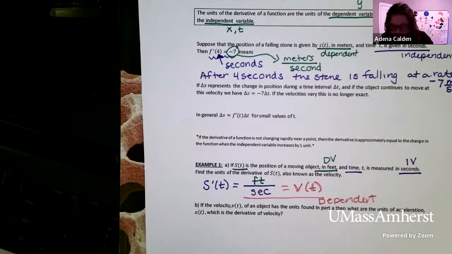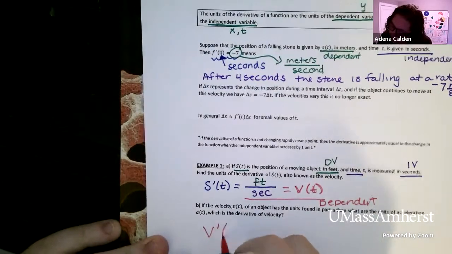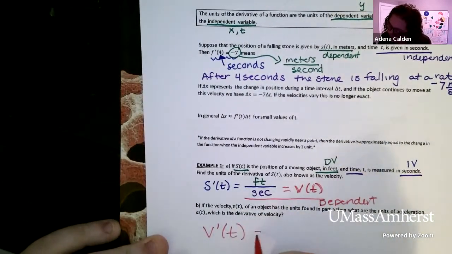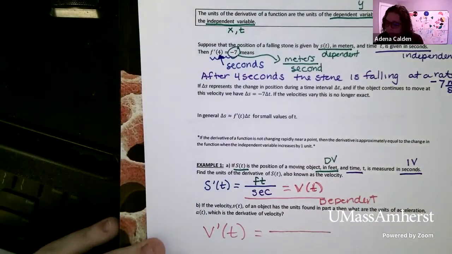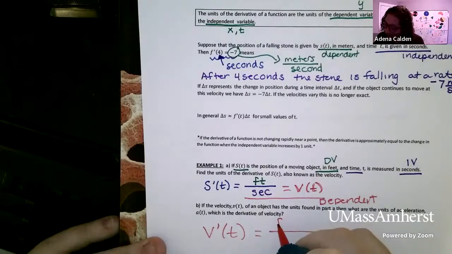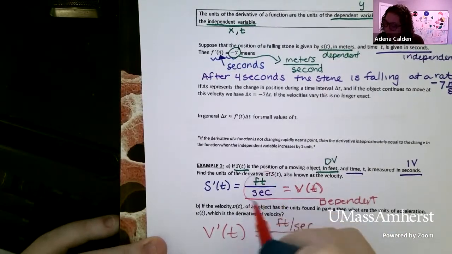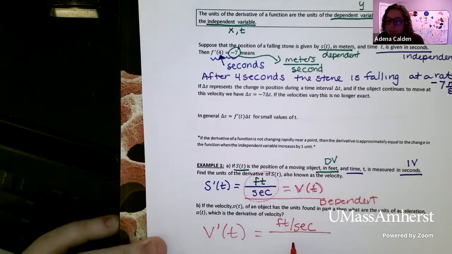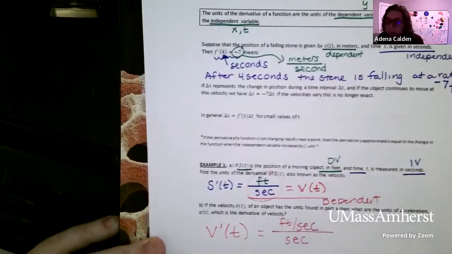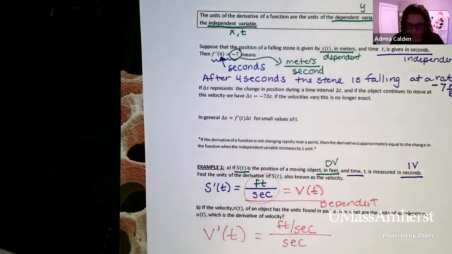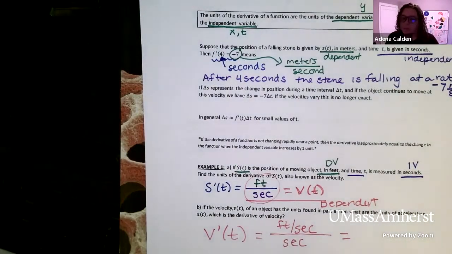So that means if we want to talk about the derivative of velocity, we are going to take the dependent units, which are feet per second, divided by the independent units, which is another set of seconds. So the way units work are the same way fractions work.